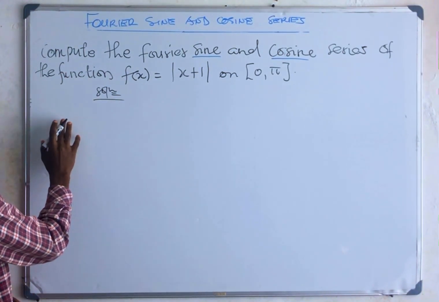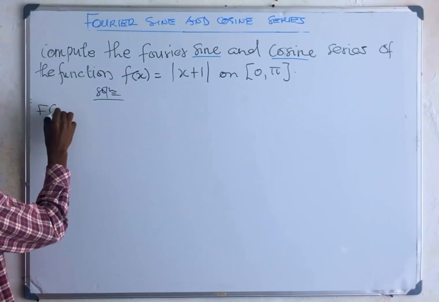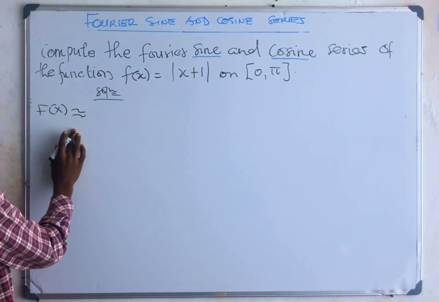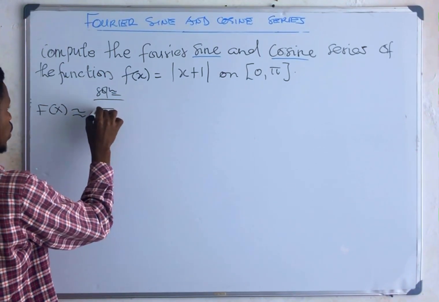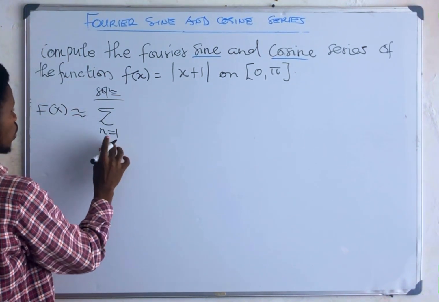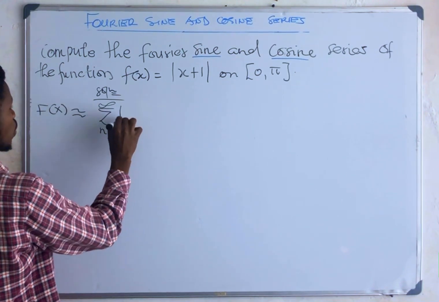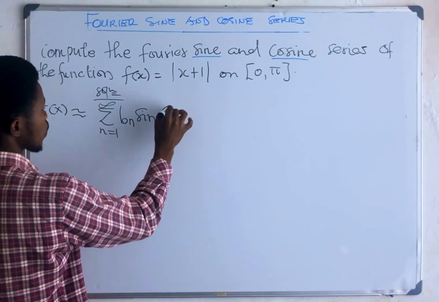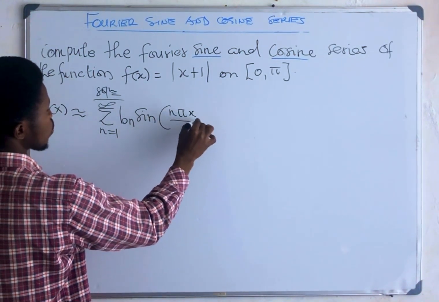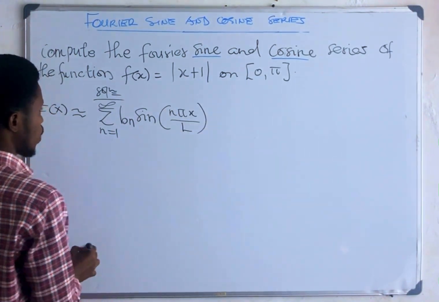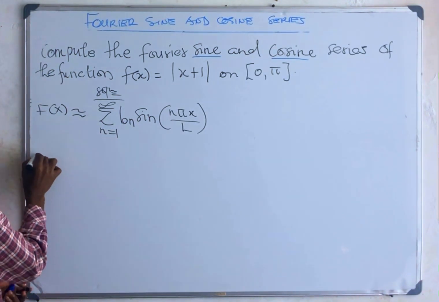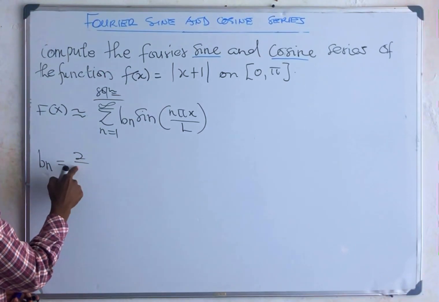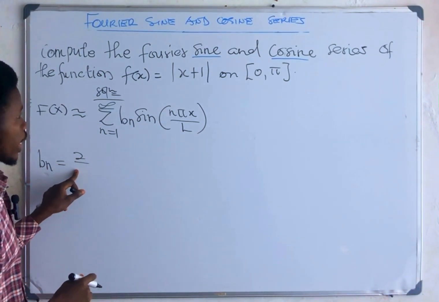We know that for the Fourier sine, f of x is always approximately the summation as n equals 1 to infinity of Bn sine n pi x over L. So we need to find our Bn. Our Bn will be equal to 2 over L, but in this case, our L is pi.